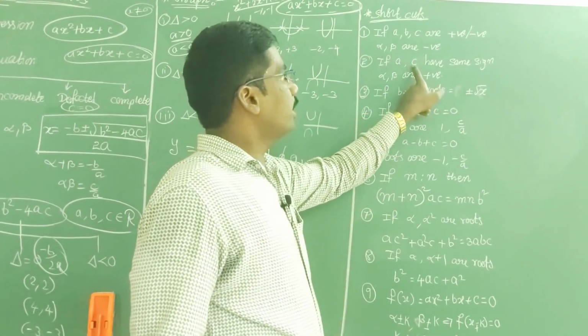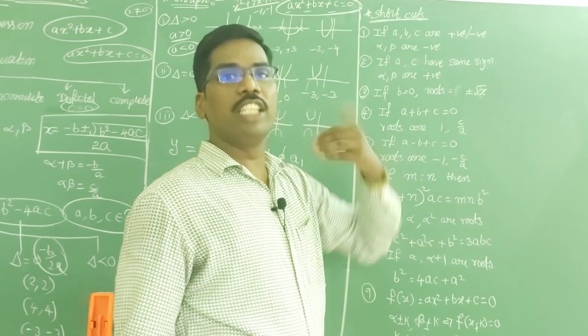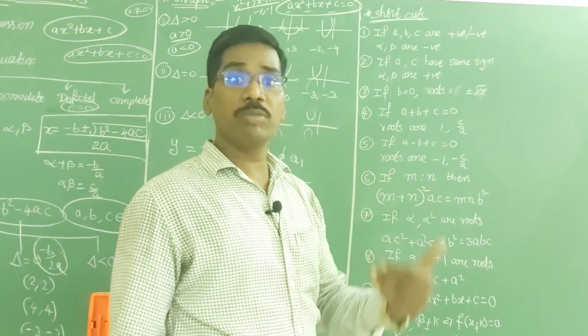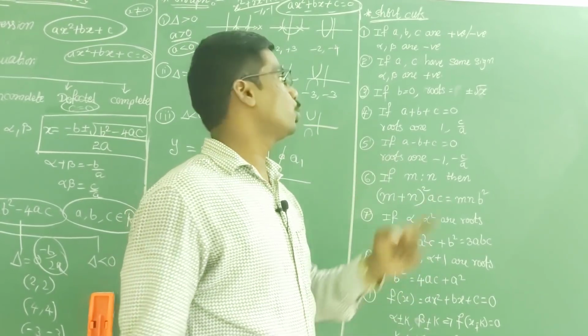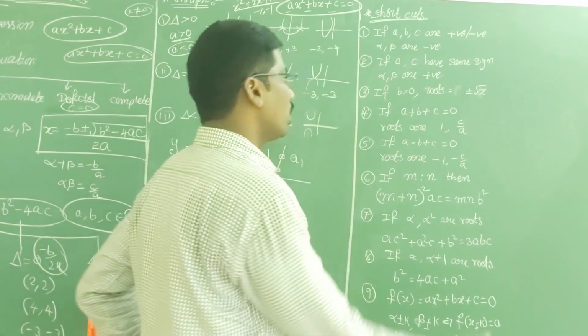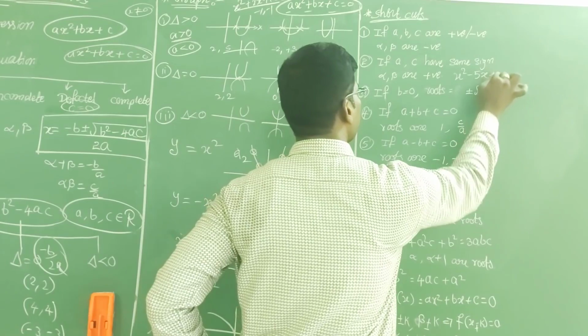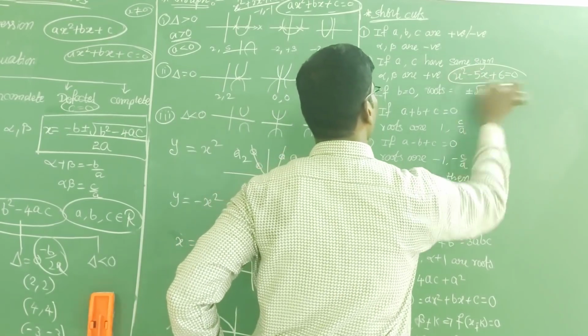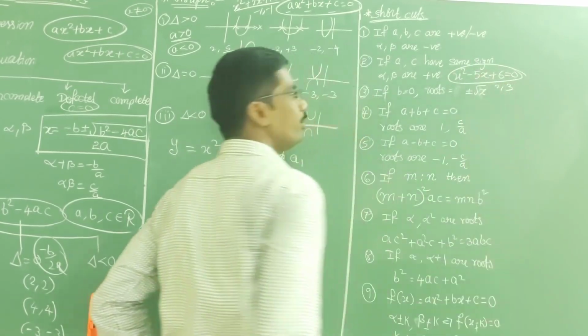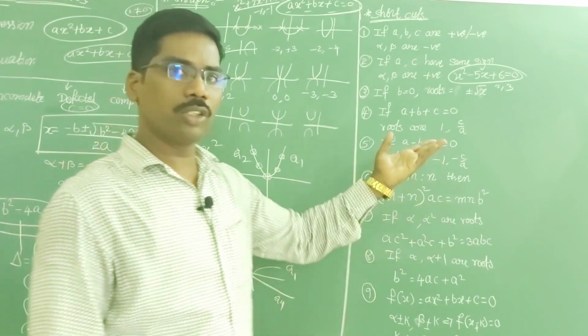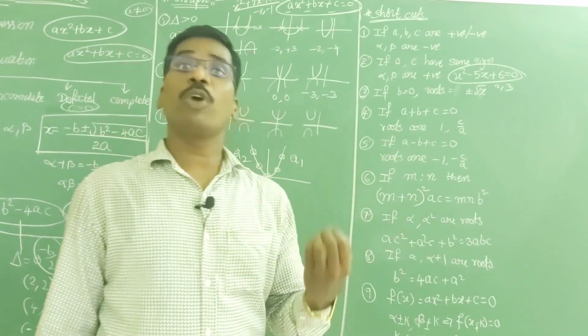Next. If a and c have the same sign and b is different, then the roots are positive. For example, x square minus 5x plus 6 is equal to 0. What are the roots? 2 comma 3. If you substitute 2, it is 0; if you substitute 3, it is 0. So 2 and 3 are the positive roots.